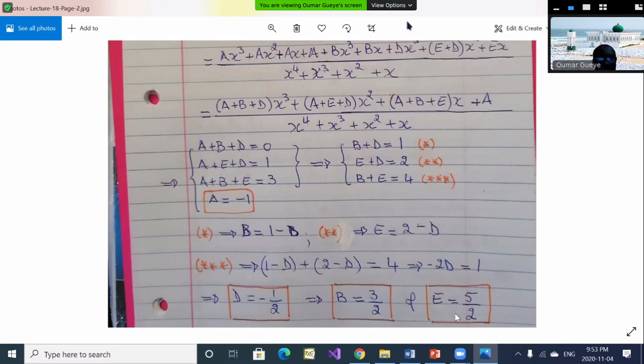So now I know the values of A, B, E, and D. Next step, I'm going to substitute these coefficients by their values in the partial fractions decomposition, and then we're going to integrate our function.